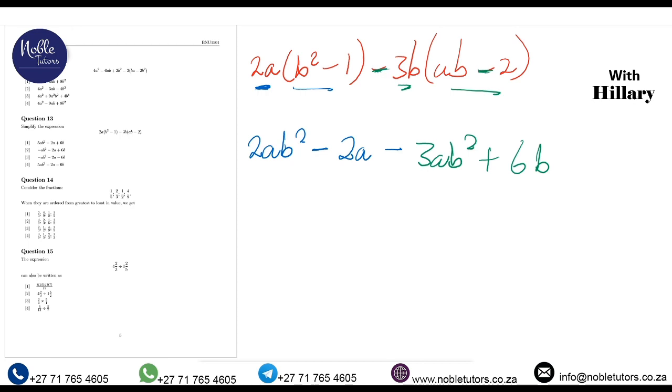The second step, we agree that we're going to group like terms. The like terms in this scenario are 2ab squared and minus 3ab squared, then minus 2a plus 6b.